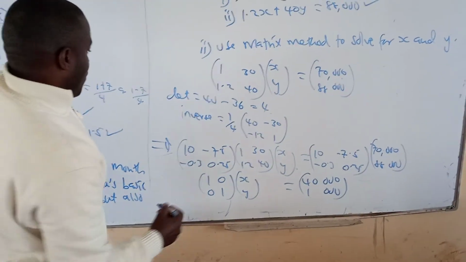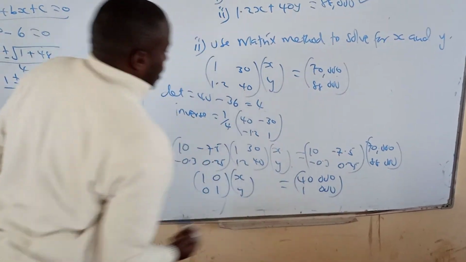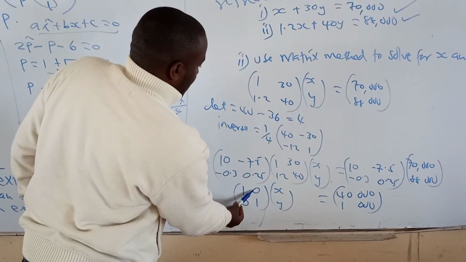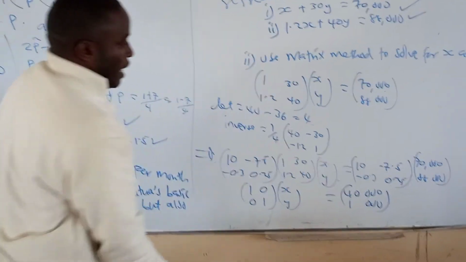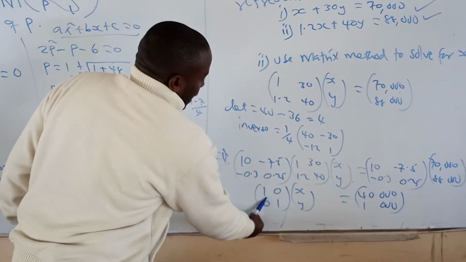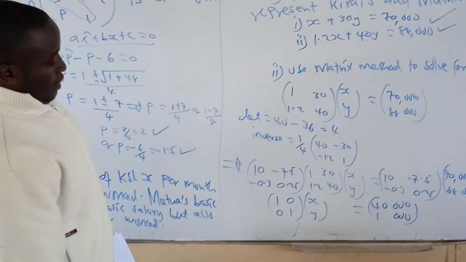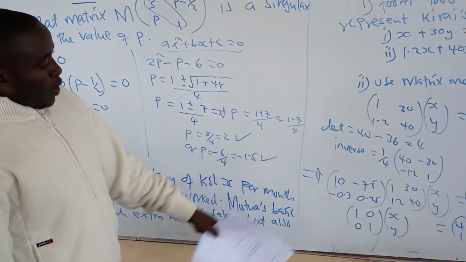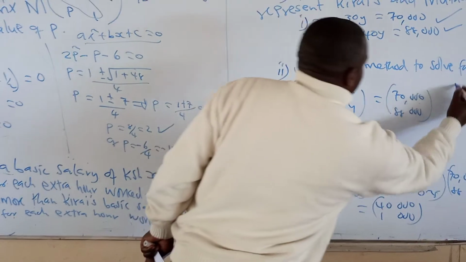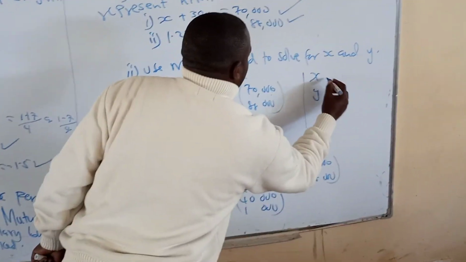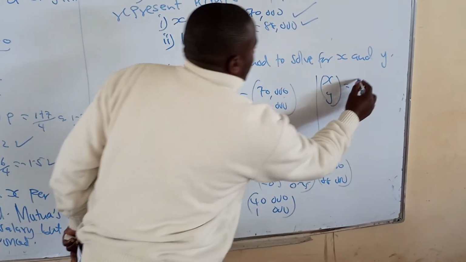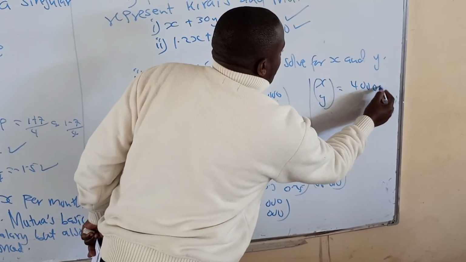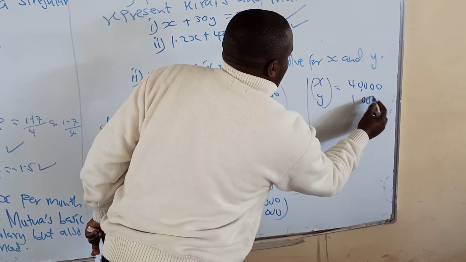Now if you multiply an identity times a matrix, the answer is that matrix. So this identity times xy gives xy. That means xy equals what you got here, which is 40,000 and 1,000.